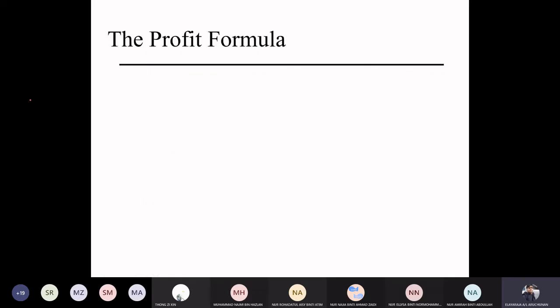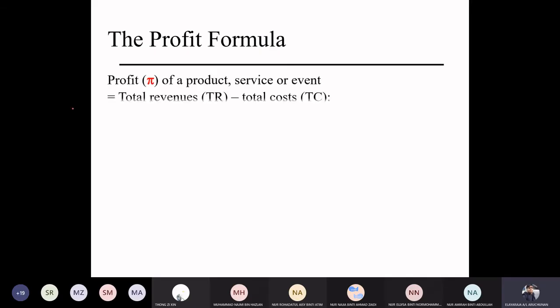Okay, let's look at the profit formula. The profit formula of the product is usually indicated by pi. Some books refer to it as P, some books refer to pi.